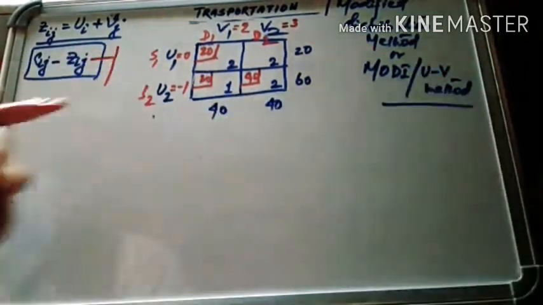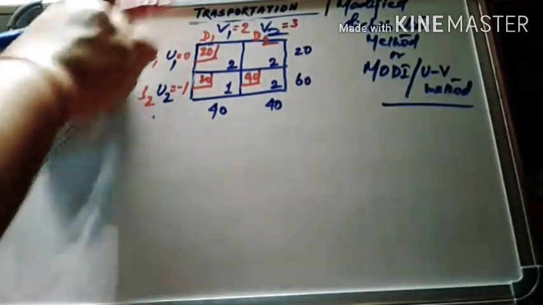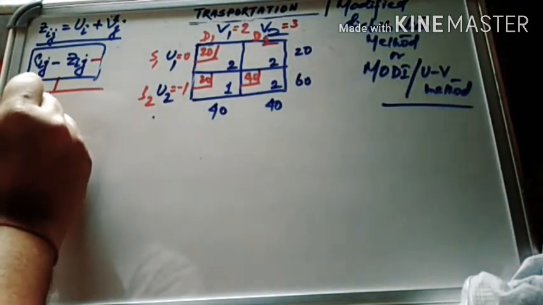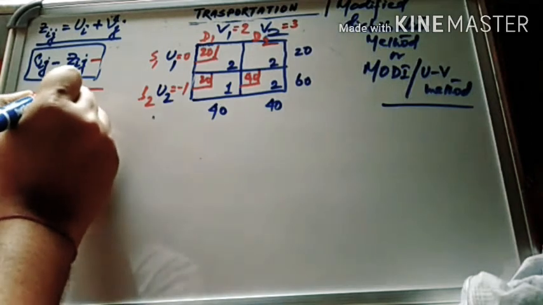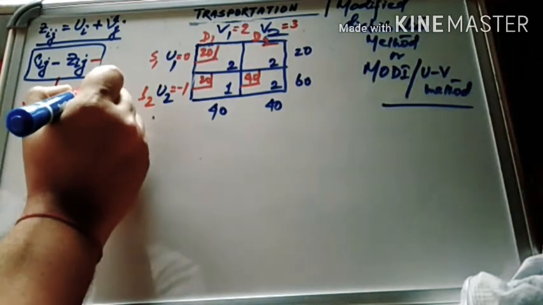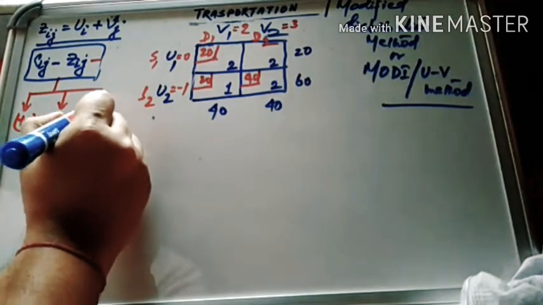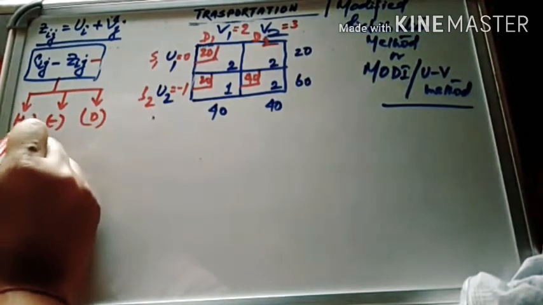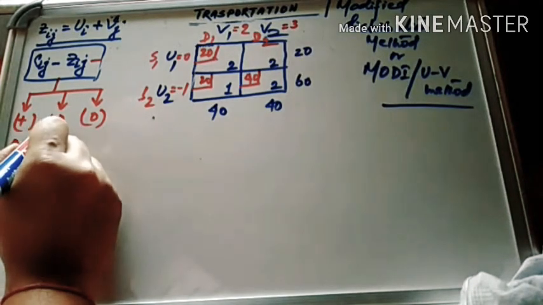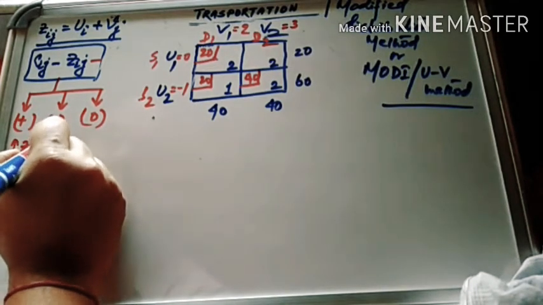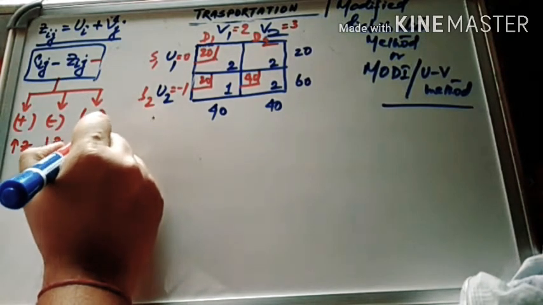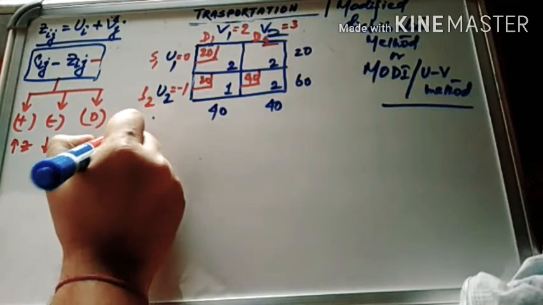The value can come as positive, or it can come as negative, or it may remain 0. Positive means the Z value increases, negative means the Z value decreases, and 0 means the Z value remains constant.